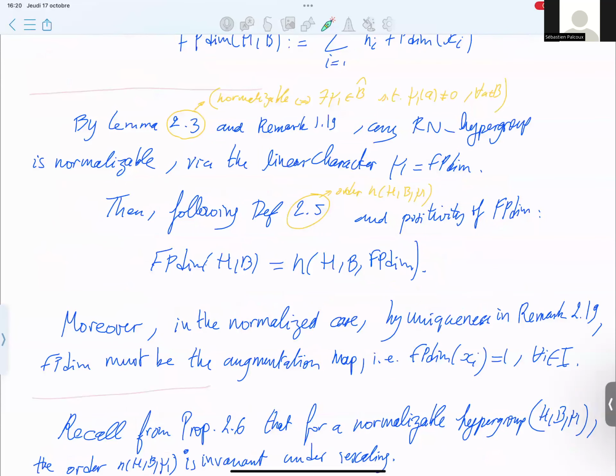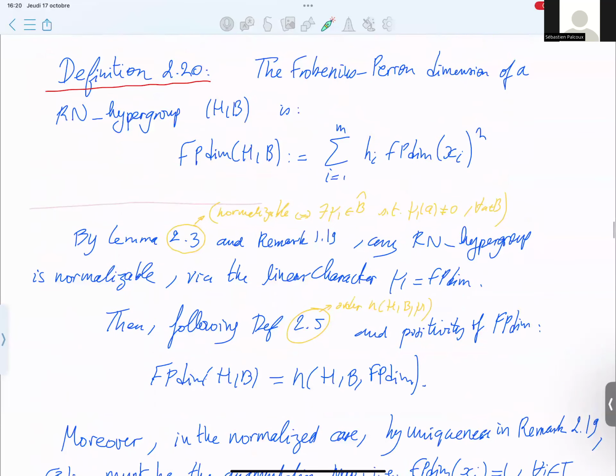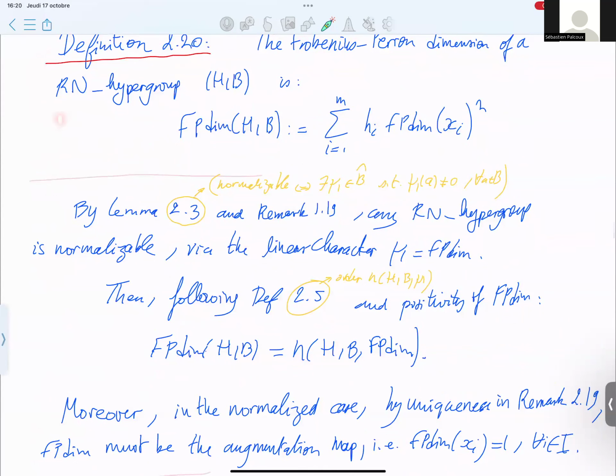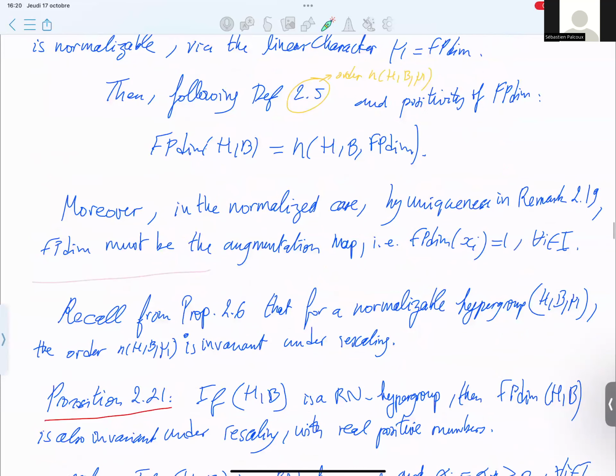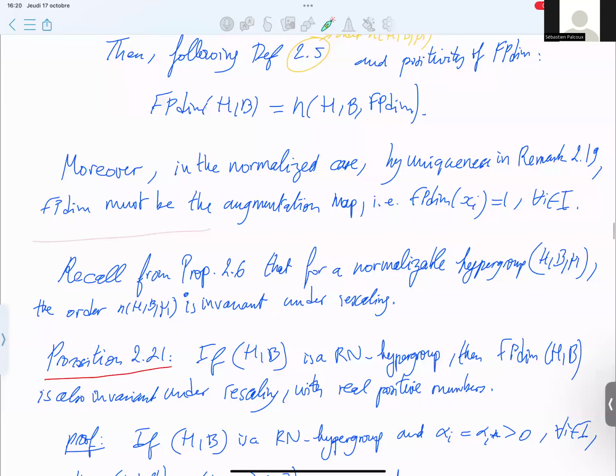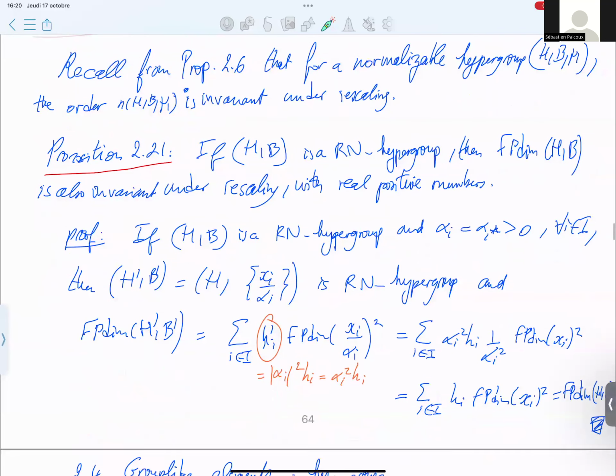So in the real non-negative case, you can always take mu1 equal to the Frobenius-Perron dimension, and you can always take the order to be the global Frobenius-Perron dimension of the hypergroup. And in the normalized case, the Frobenius-Perron dimension is always 1.